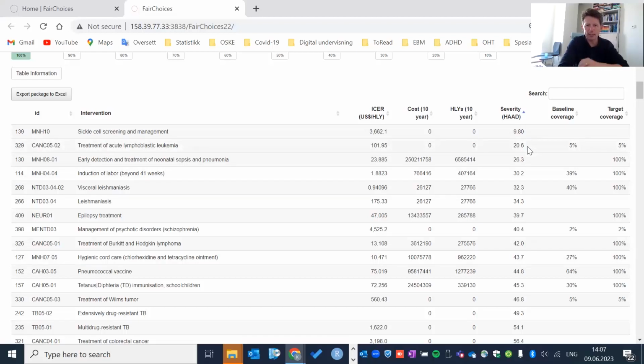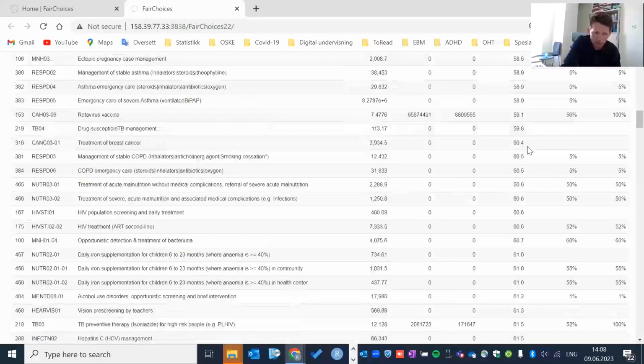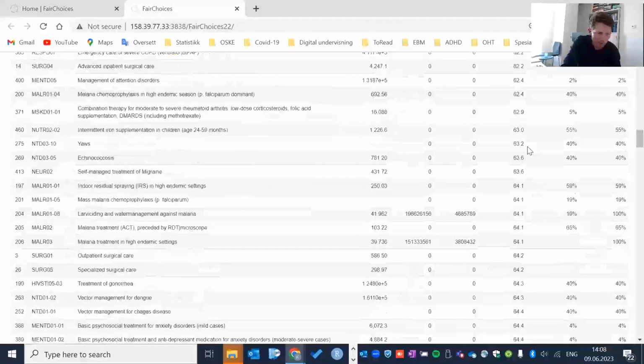And that basically means that the average health adjusted age at death for those conditions that are affected by the interventions are at 9.8 and 20.6.